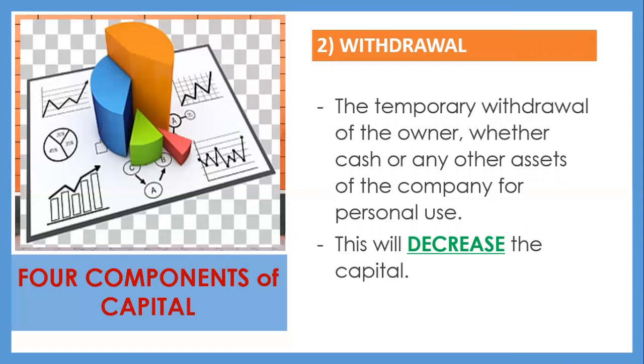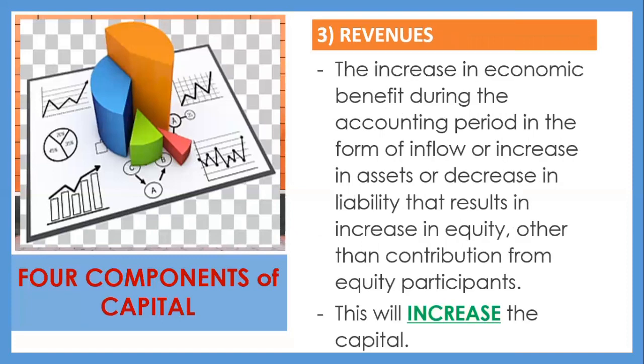Next, we have revenues. Revenues are the increase in economic benefit during the accounting period in the form of inflow or increase in assets or decrease in liabilities, which results in an increase in equity other than contribution from equity participants. Our revenues will increase our capital.